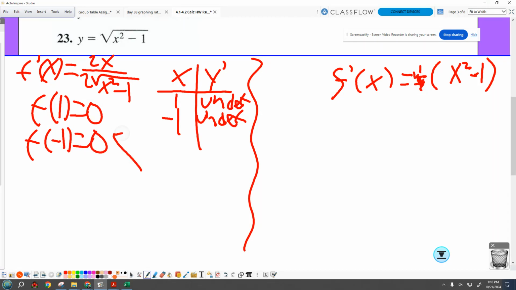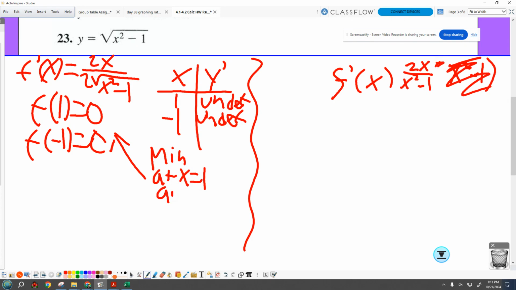Are there endpoints actually? Yes. How do you find the endpoints? What are you looking for? You look for the domain. Okay. What is the domain? How do we find that? 1 to infinity, but not including 1. It's bigger than that.